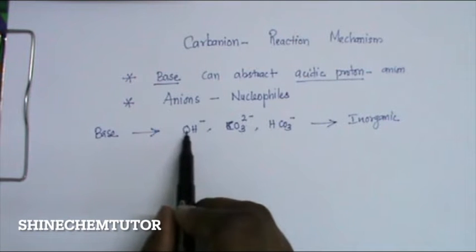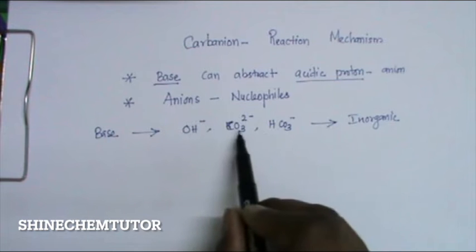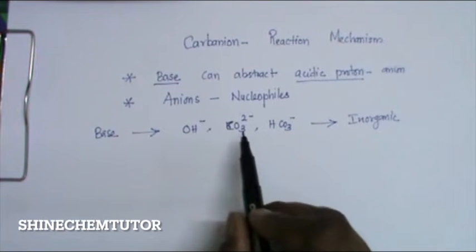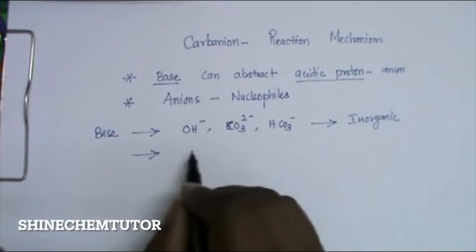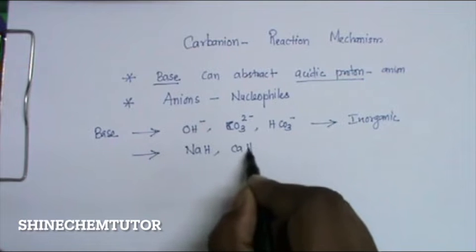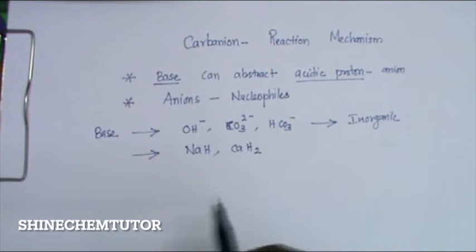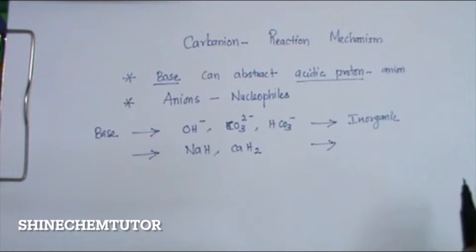I can go for some metal here like KOH, NaOH, sodium carbonate, potassium carbonate, cesium carbonate, sodium bicarbonate. We also have metal hydride like sodium hydride, calcium hydride. They also can act as base and they are inorganic again.